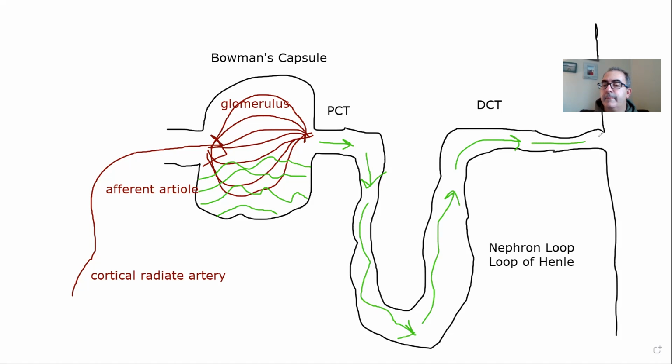I'm going to write in text that this goes to the ureter. This is called the collecting duct. It's not really part of the nephron, but it's right there.